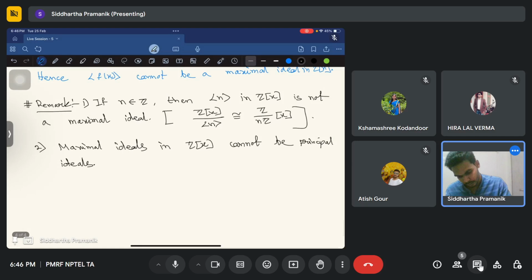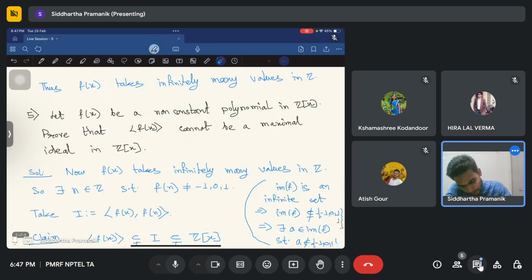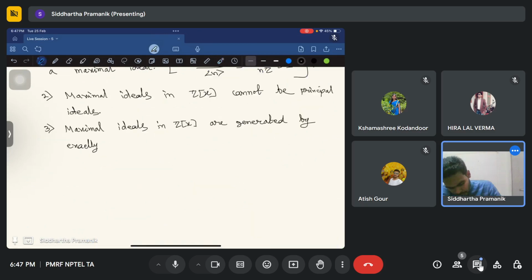And maximal ideals are also prime ideals. But maximal ideals cannot be principal. So every maximal ideal in Z[x] is generated by exactly two elements. Let me also write this: maximal ideals in Z[x] are generated by exactly two elements.